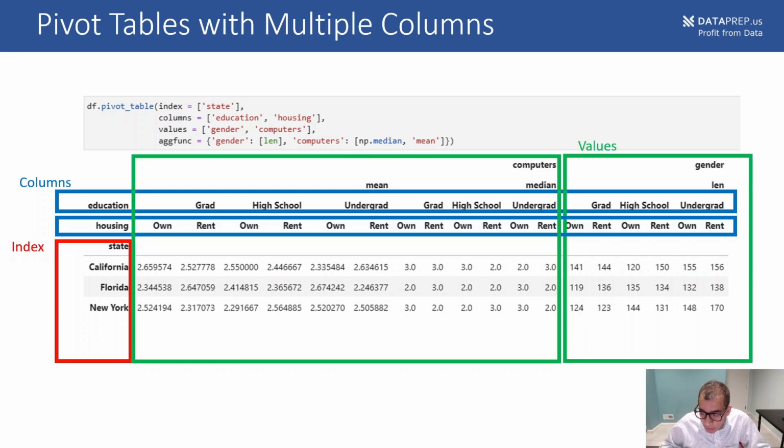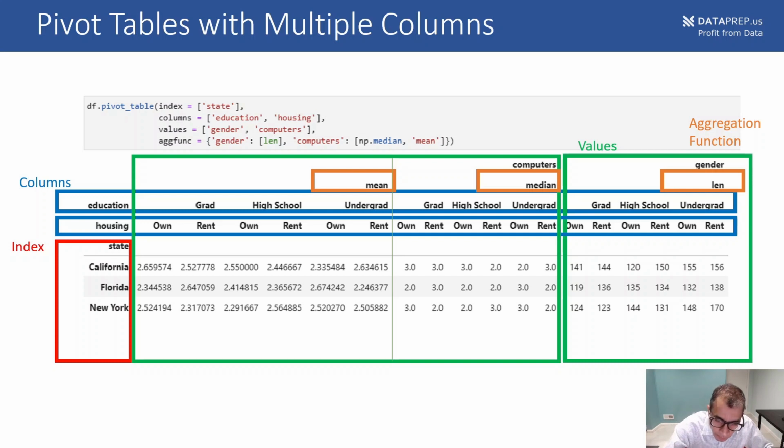And you will see that the two value columns that I selected, computers and gender, have different aggregation functions that we have used to summarize the data. So for computers, we wanted to see both the mean and the median here. And for gender, we wanted to see just the length, which basically means the count of how many of these observations are there in our data.